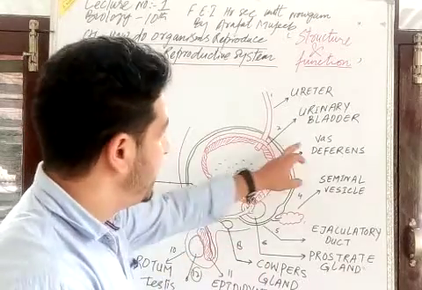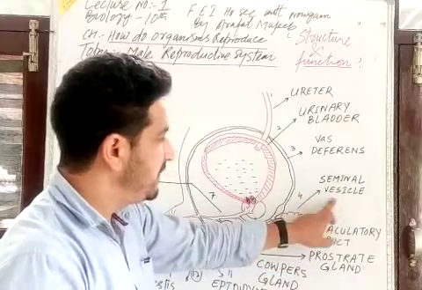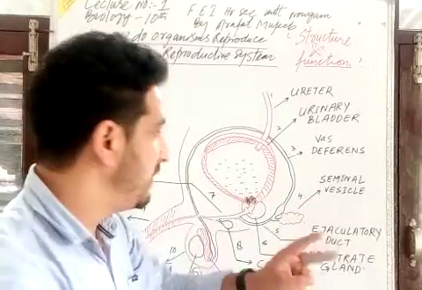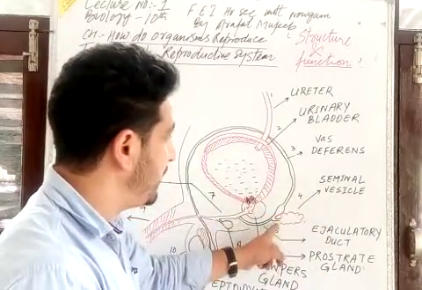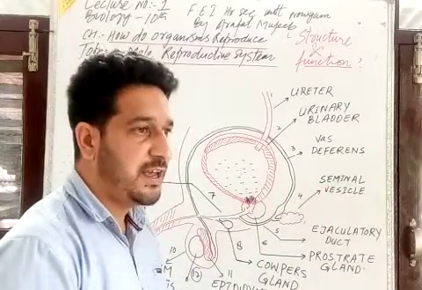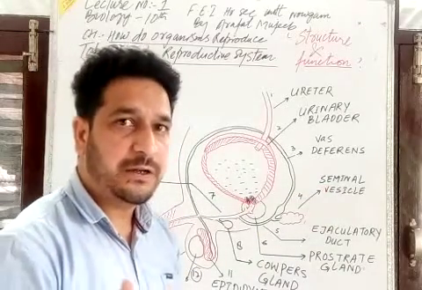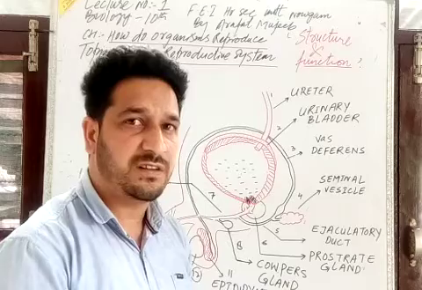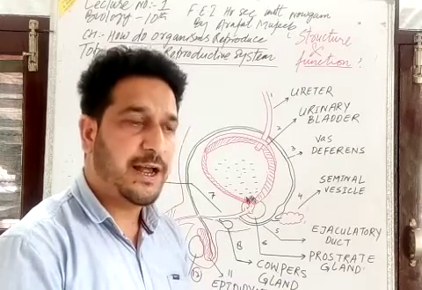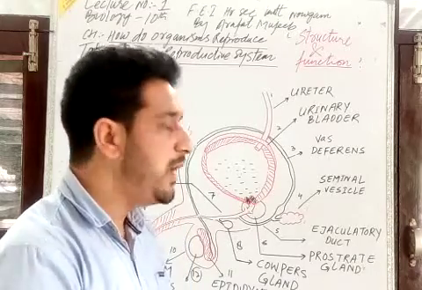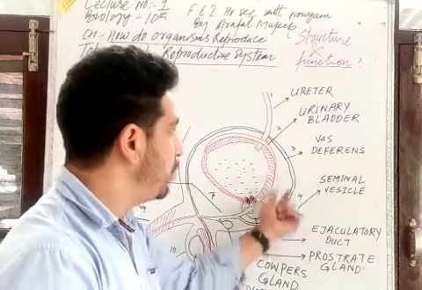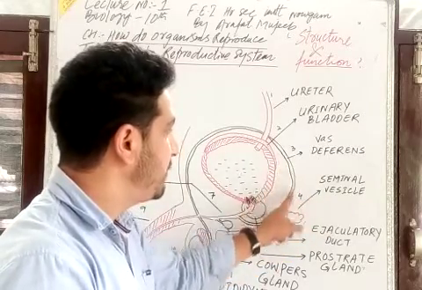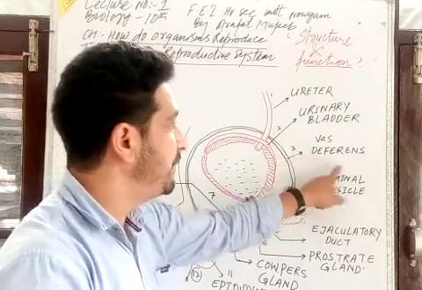Then there are the seminal vesicles, a pair of seminal vesicles, connected with the vas deferens. Seminal vesicles से यहाँ एक alkaline fluid निकलता है, viscous type fluid निकलता है, और यहाँ इस वो fluid add होता है, that is added to the sperm which is carried by the vas deferens.